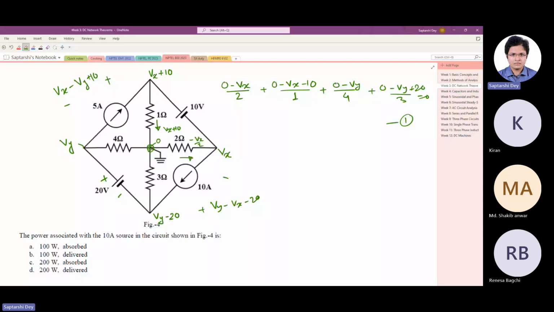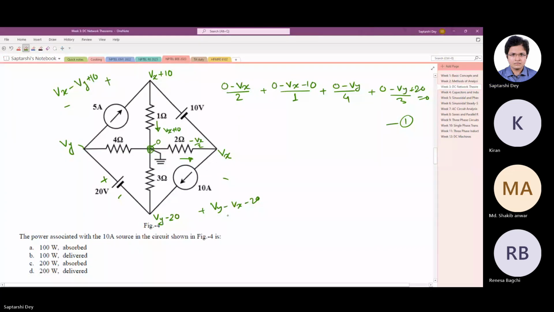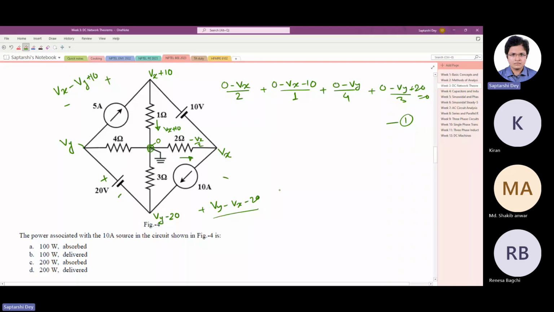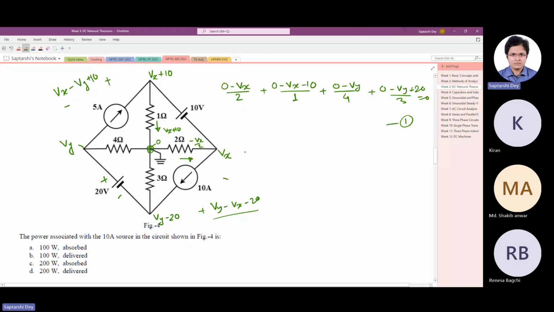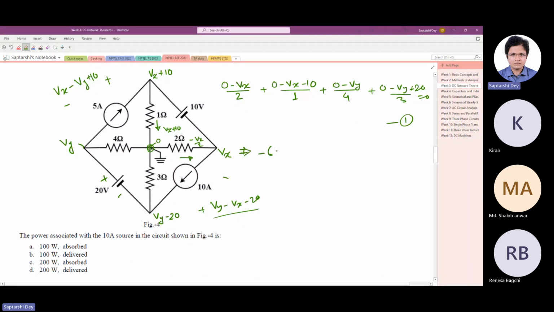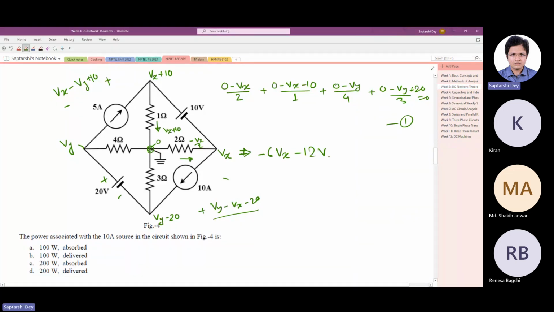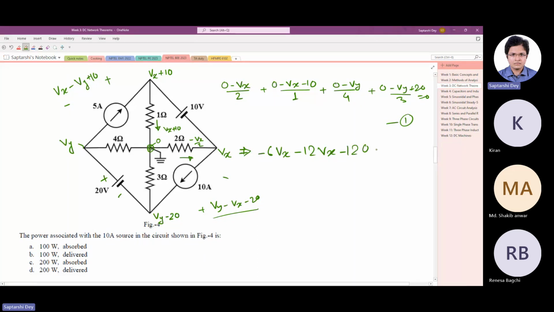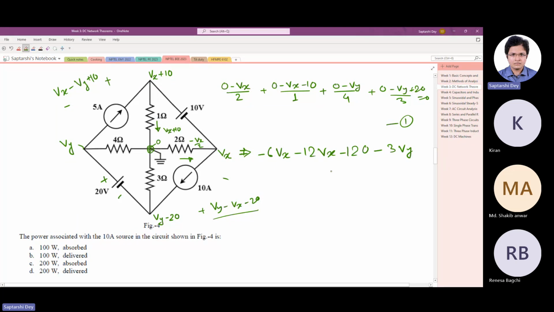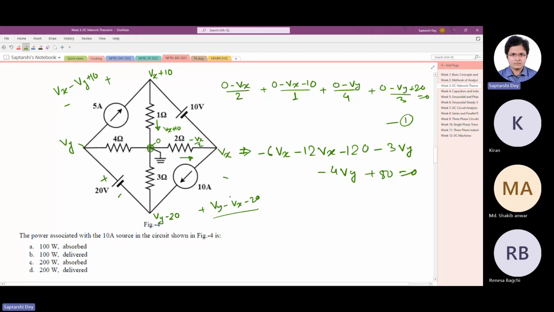Okay, let us do one thing. We have to find out the power associated with this. Let us multiply this equation with 12. So it comes out 6Vx minus 6Vx minus 12Vx minus 120 minus 3Vy minus 4Vy plus 80 equals 0, right?